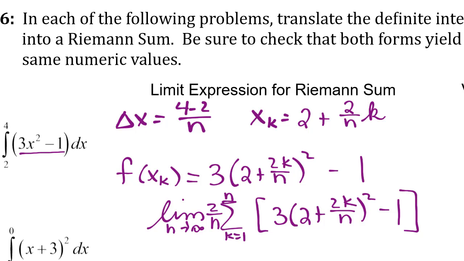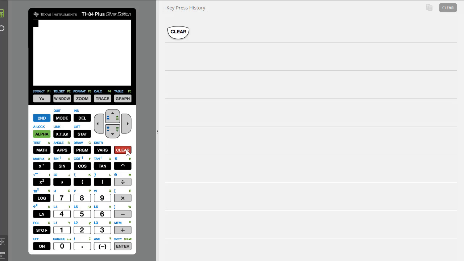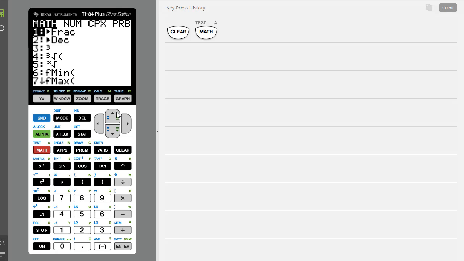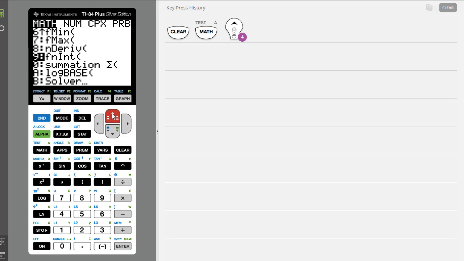Okay, we want to check to be sure that this expression that we just came up with gives us the same value as the integral that we started with. So we'll use our calculator for that. We'll do the integral first. So we can go to math, and we're going to go down to option 9.